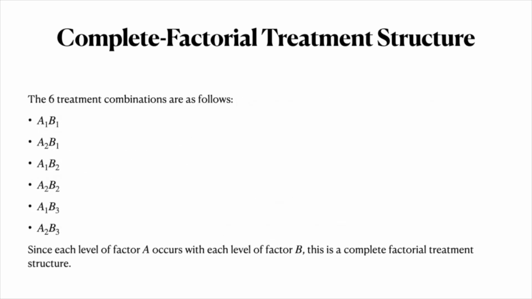Now the 6 treatment combinations are as follows: A1B1, A2B1, A1B2, A2B2, A1B3, A2B3. Since each level of factor A occurs with each level of factor B, this is a complete factorial treatment structure.